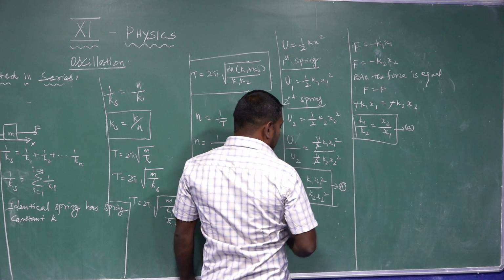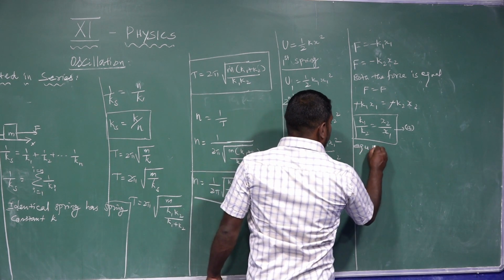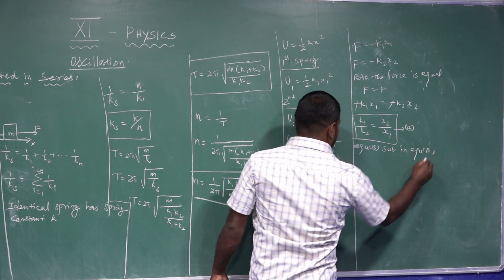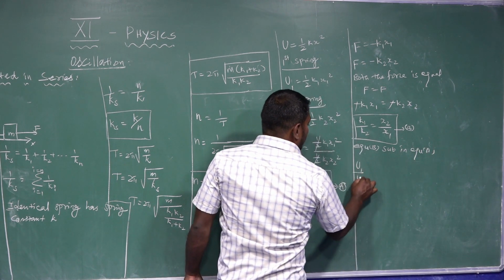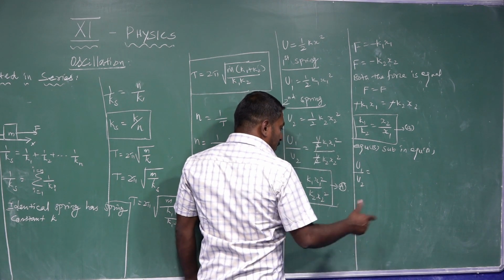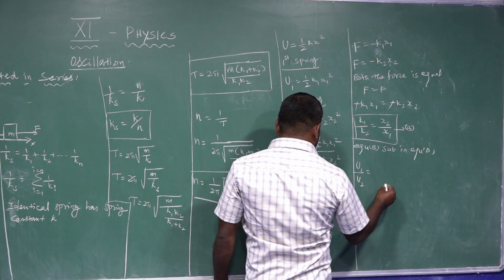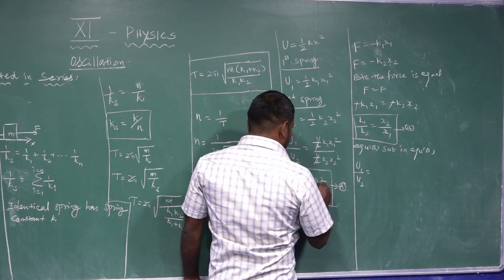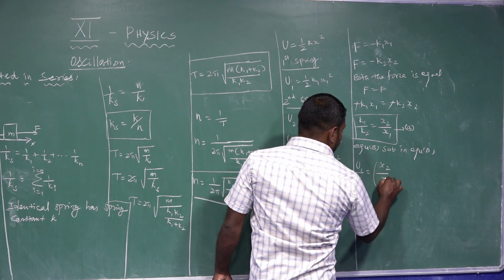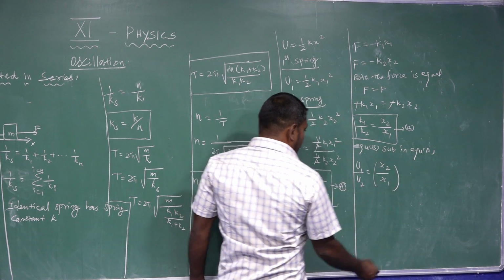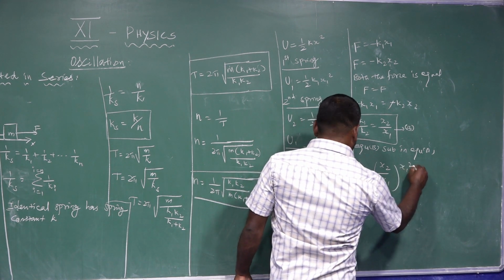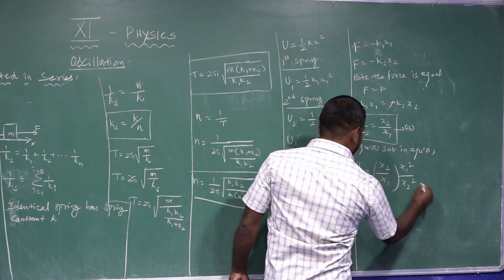Equation B, substitute in equation A. So the ratio of elastic potential energy stored in both the elongated springs, U1 divided by U2, is equal to k1 divided by k2, which is equal to x2 divided by x1, times x1 square divided by x2 square.